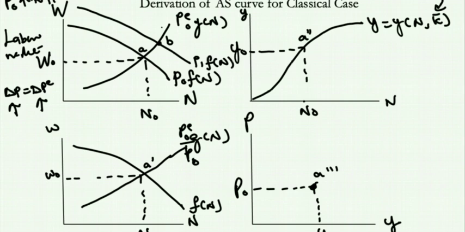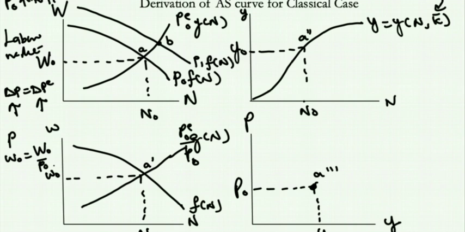Expected price appears in the supply of labor in the first graph. So supply of labor, because price has increased, you have to remember initially the real wage is W naught over P naught.